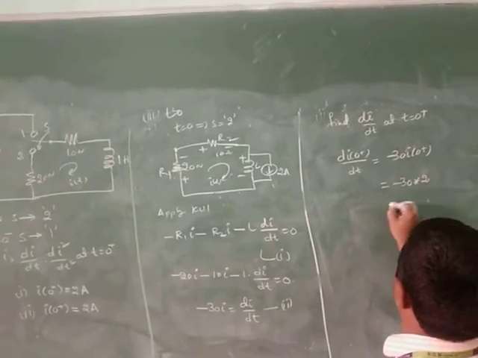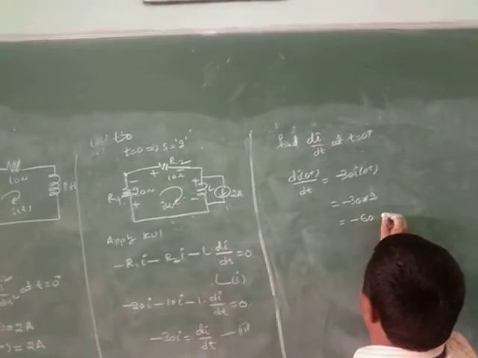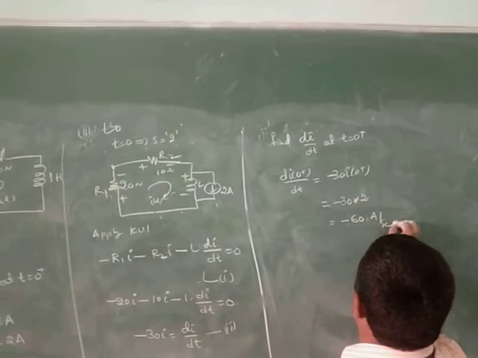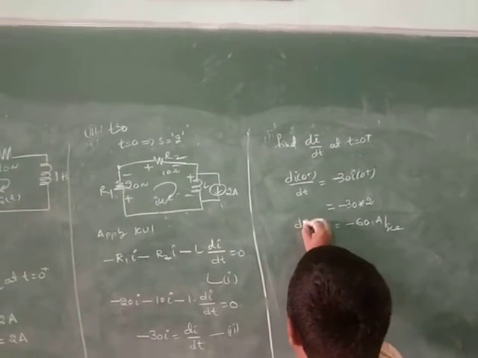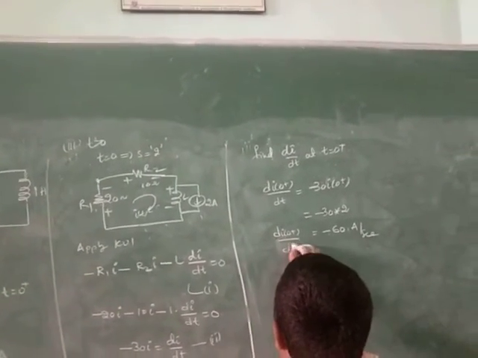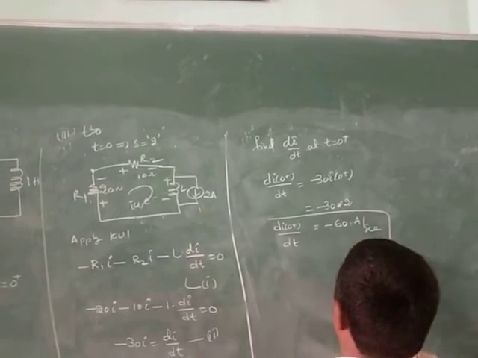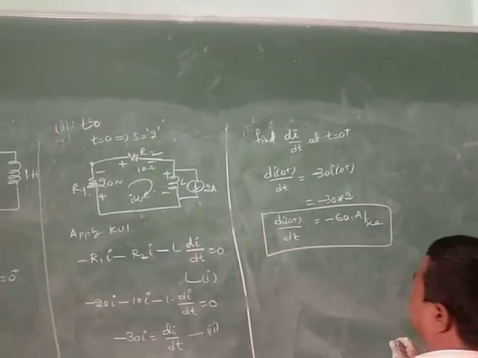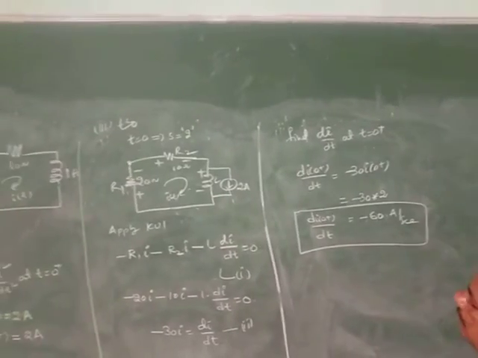So finally, di of 0 plus by dt is equal to minus 60 ampere per second.